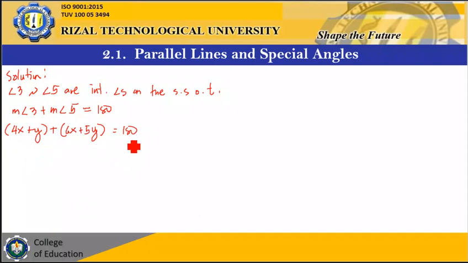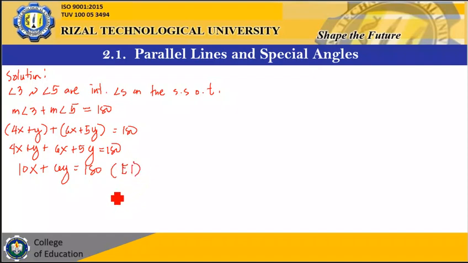Simplifying the expression on the left, removing the grouping symbol, we have 4x plus y plus 6x plus 5y is equal to 180. Combining similar terms, we have 10x plus 6y is equal to 180. Let's call this equation number 1.